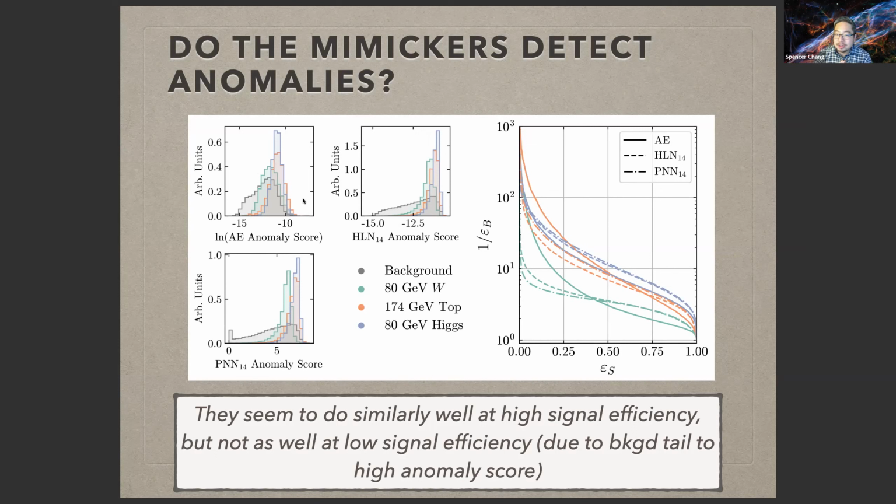And so I should just look at the events at higher anomaly score. And so that's one reason why maybe thinking of signal efficiency is not the right thing to think about, because of course it could be some other signal. It doesn't have to be any of these signals, right? But you want to compare the mimicker to this autoencoder, because at least these are signals we know about.